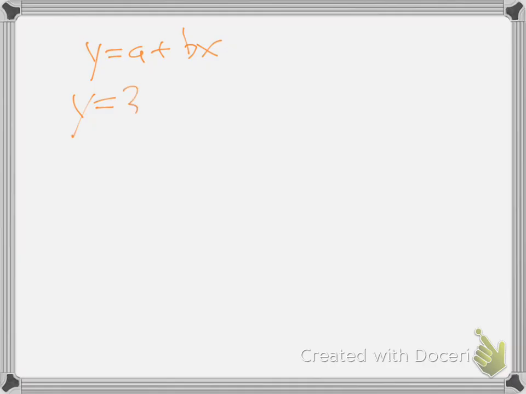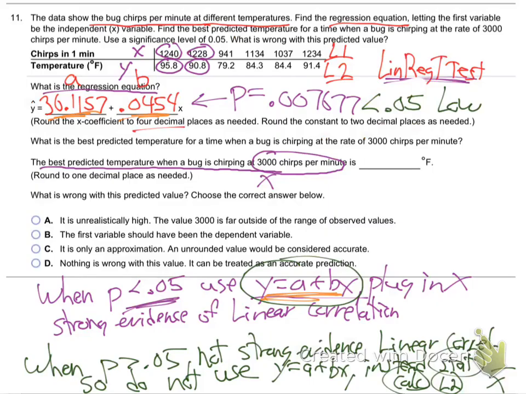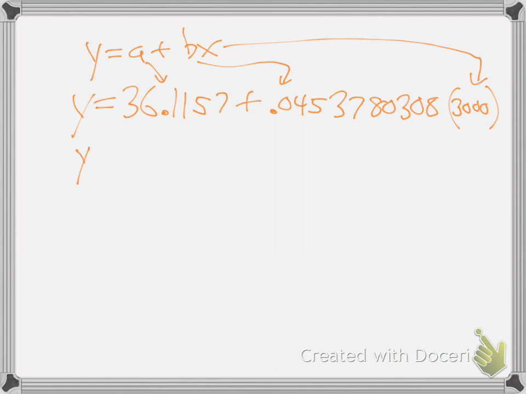So for A, it gave me 36.1157. It actually might have given me more, but that's enough. And B it'll be 0.0453780308, and then you plug in the x, which is 3,000, right? That's what they said right here. X is 3,000 chirps. Plug that in.